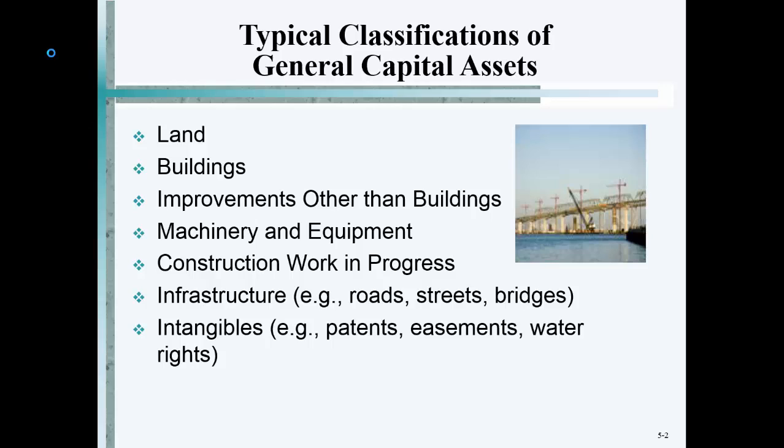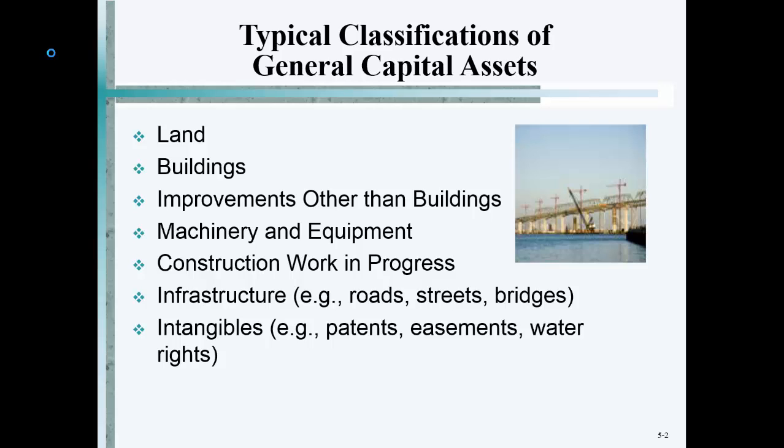We'll also talk about infrastructure assets: roads, streets, bridges. This is what a government considers its infrastructure, and we're going to see that there's been some historical movement in the way we account for those over the last 20 years, versus the previous 100 years or so of doing this before. And we're going to see that there are some special rules around those infrastructure assets.